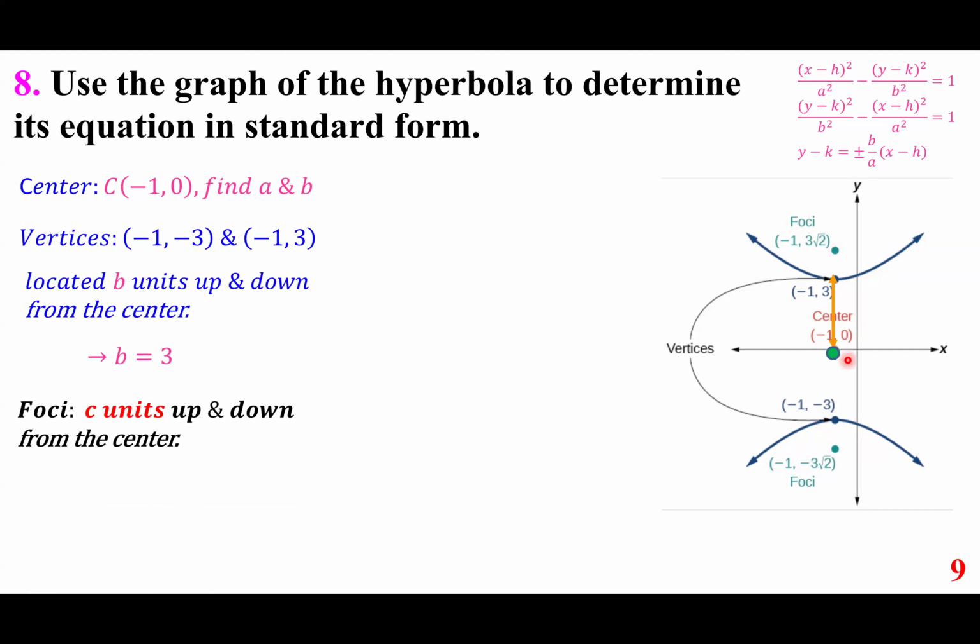So the center is (negative 1, 0), and the foci are (negative 1, 3 square root of 2) and (negative 1, negative 3 square root of 2), right? Therefore c must be 3 square root of 2, this distance.